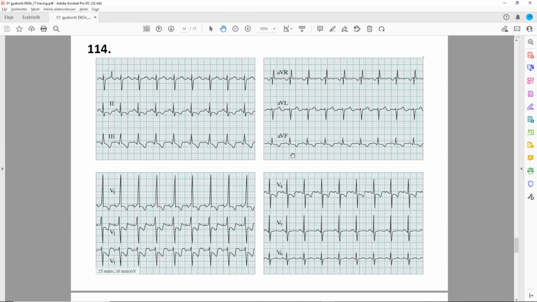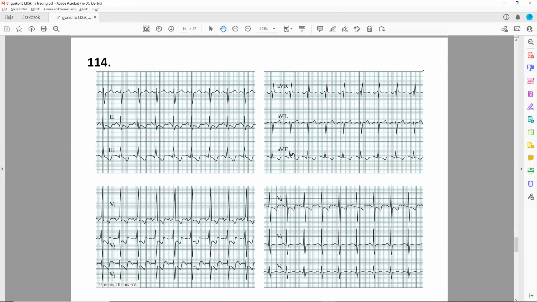Okay. Let's see this. Well, it's bizarre, but anybody has this 14? Yes, I have it. Good. So the heart rate, I said first it was rhythmic. And so I used the 300 method and I said it's about 100 beats per minute. So that's borderline, but normal. And then I said there was a right deviation because I used the quadrant approach.